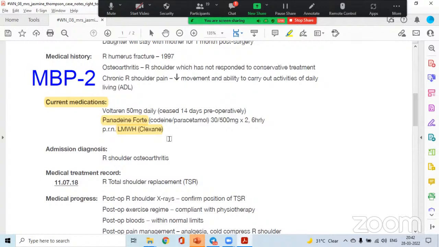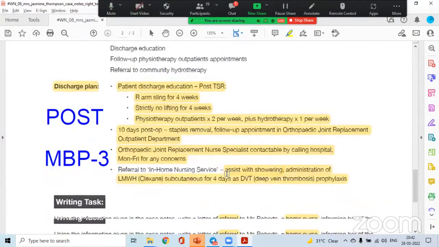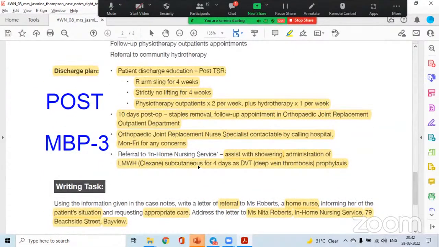Now you have to know what this LMWH Clexane is for. I have already told you, at the end here we have given it: to prevent deep vein thrombosis.